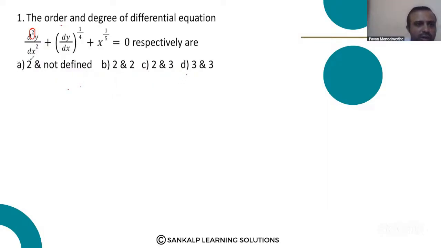So on shifting this x raised to 1 by 5 to the other side, it will become minus x raised to 1 by 5. Rest all are same.